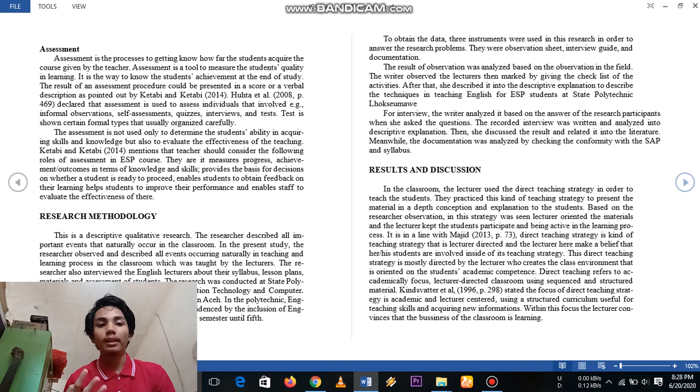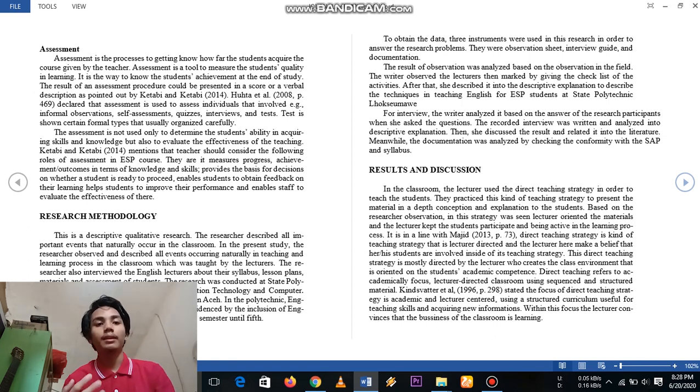In this journal, the lecturer uses a direct teaching strategy while in class. With this strategy, the students can easily discuss what is being learned. This direct teaching strategy is used by the lecturer to create a classroom environment that is oriented to the academic competence of all students.